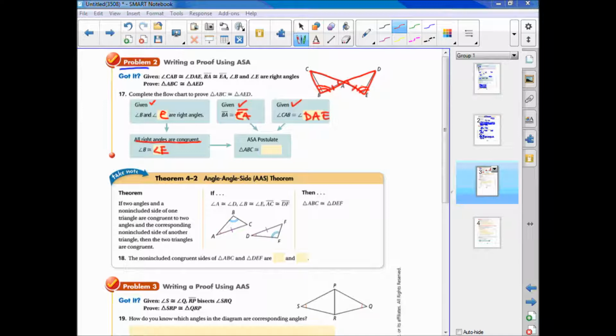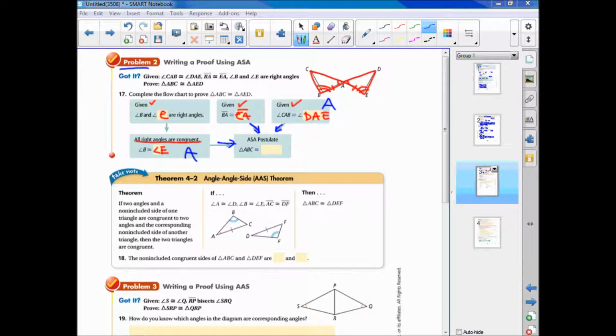All right, so we're supposed to be able to use angle side angle. So angle side angle is 2 angles with the included sides. Let's see if we have that. Notice we're taking 3 parts to make 1 in our flow proof, and that's because each part will represent one of the letters in angle side angle. So over here we have one set of angles that are congruent, corresponding angles. And over here we have another set of corresponding angles that are congruent.